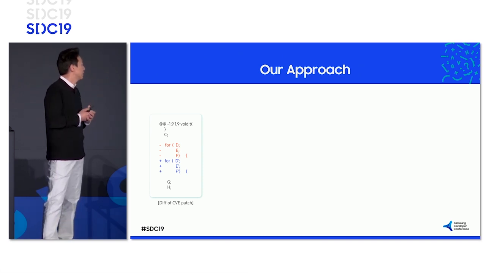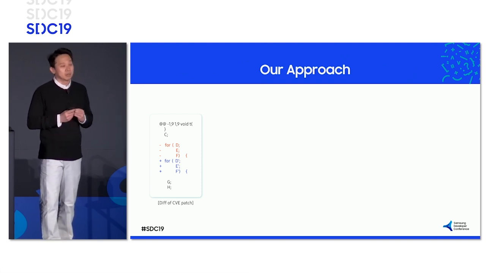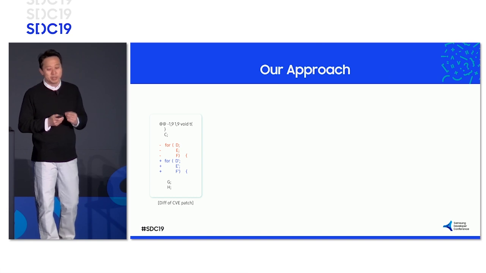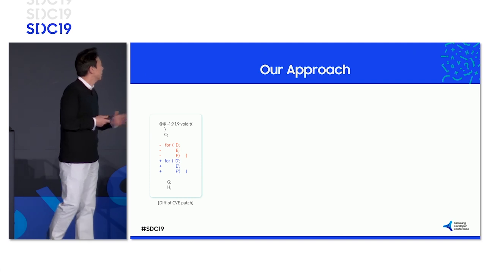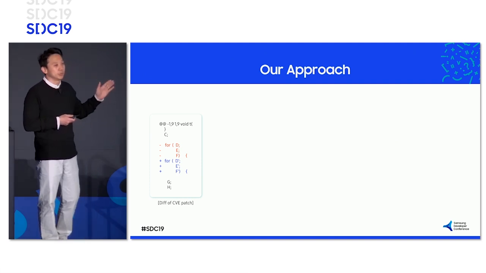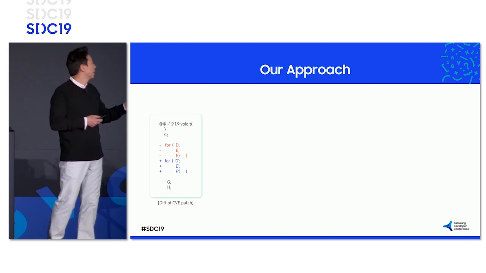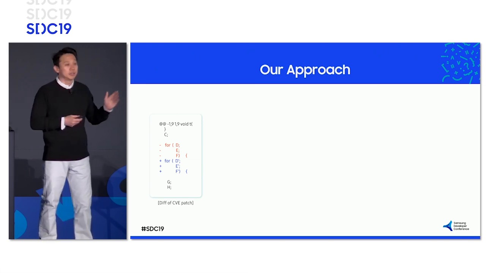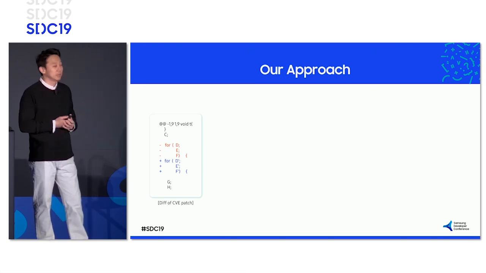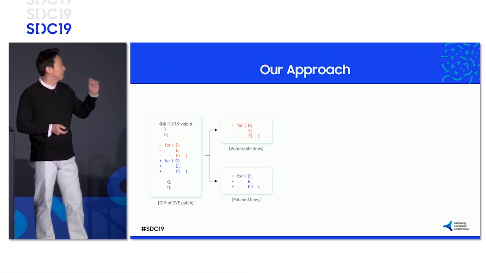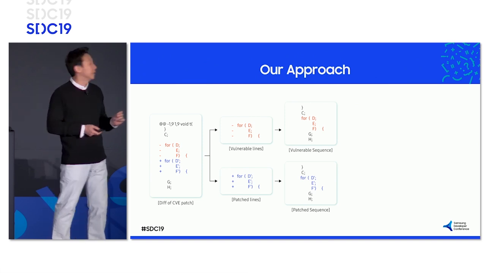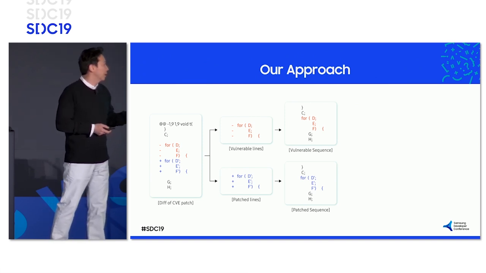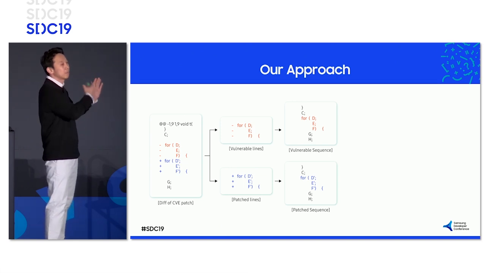From the CVE information and patch information, we extract the valuable information. When we look at the patch information, removed lines are related to the vulnerable code, and added lines are related to the patched information. So we extract this information and then make a vulnerable sequence and a patched sequence. Actually, this is a high-level flow.